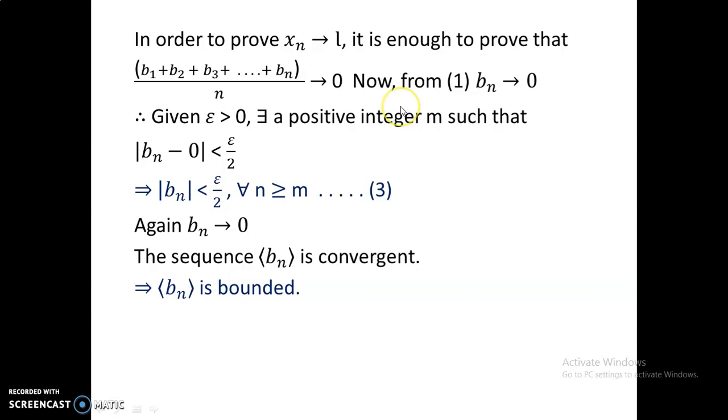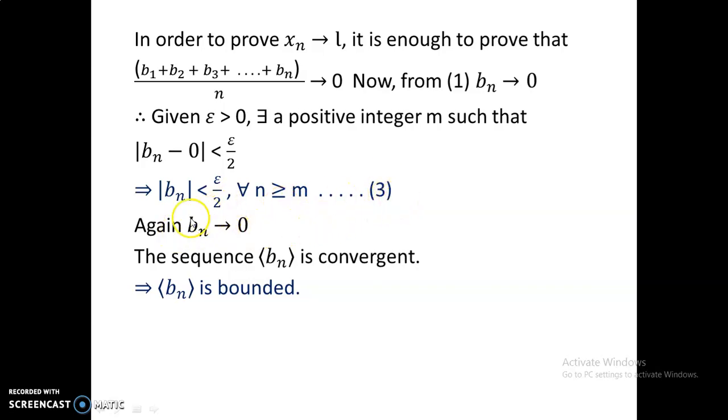Now from equation 1, b_n approaches 0. Therefore, given epsilon greater than 0, there exists a positive integer m such that |b_n - 0| is less than epsilon by 2. That means the modulus of b_n is less than epsilon by 2 for every n greater than or equal to m. We call it equation 3.